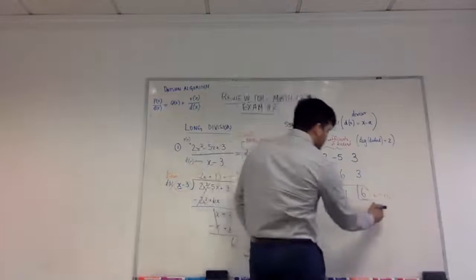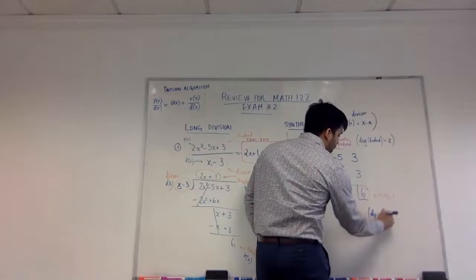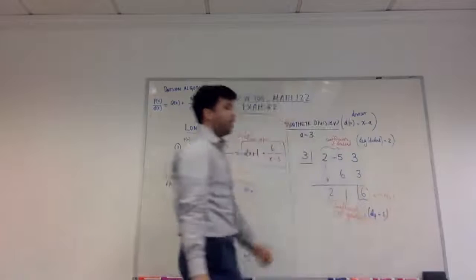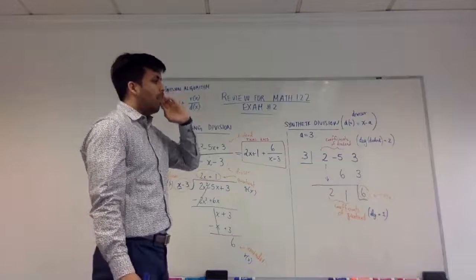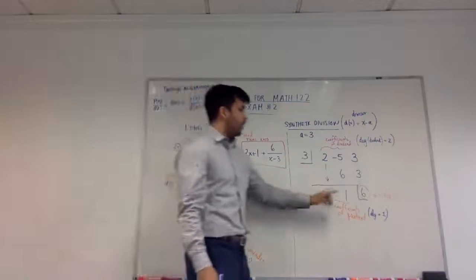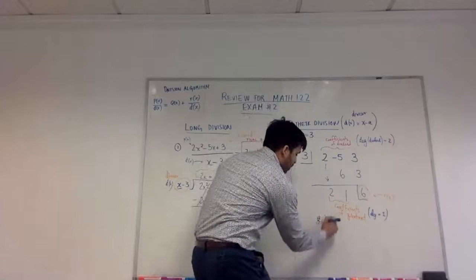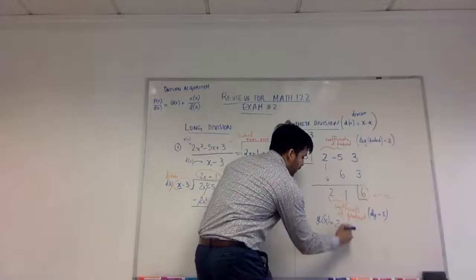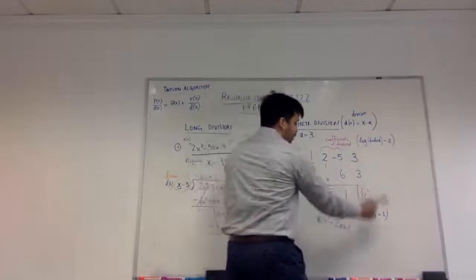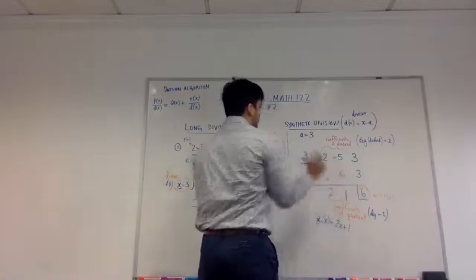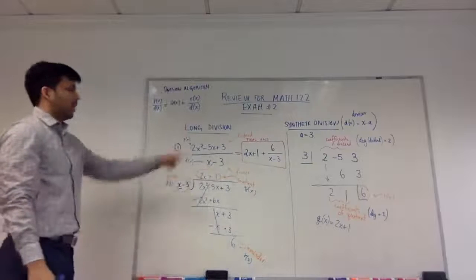So the degree here would be 1, which means that the highest exponent in this polynomial is 1. So my quotient is 2x plus 1. My remainder equals 6. And my divisor is still going to be the same, x minus 3.